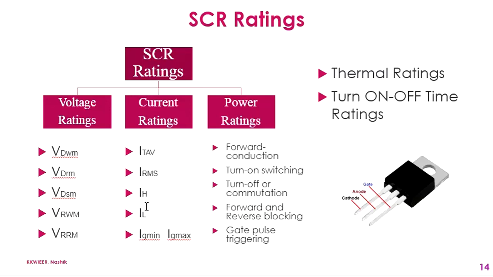And there are certain power ratings like forward conduction, turn on switching, turn off switching or commutation, forward and reverse blocking, gate pulse triggering, etc. So this is about the SCR ratings, the safe operating area for the SCR to work.